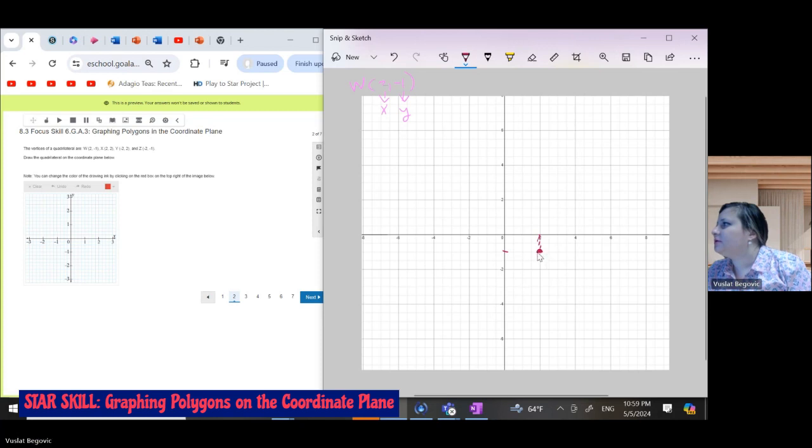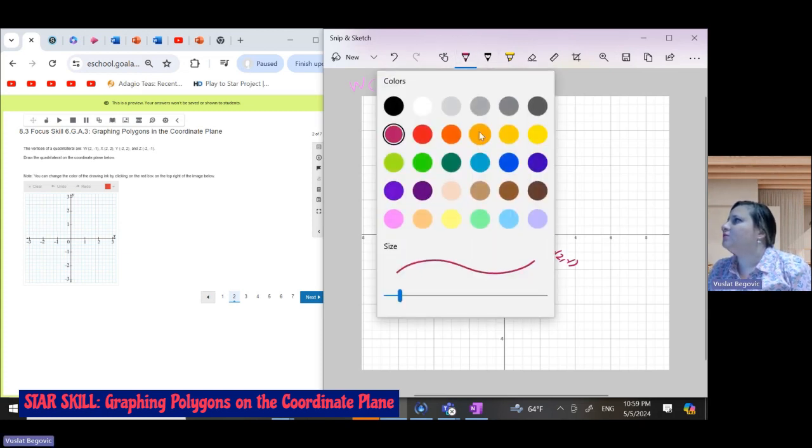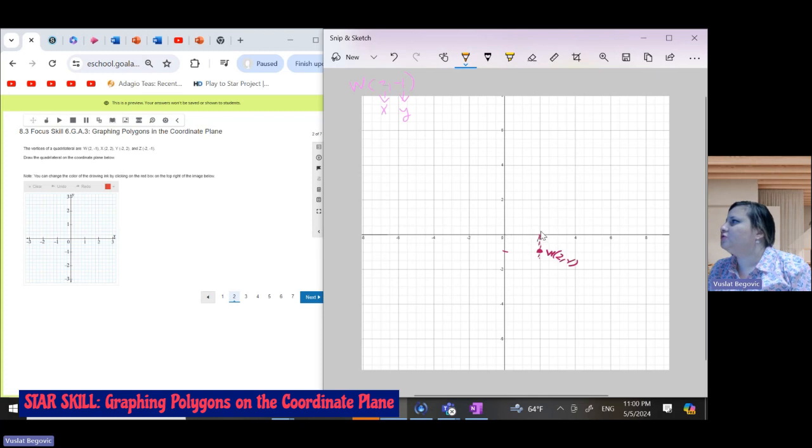Then I will write (2, -1) next to the point because coordinate names are important. Then I will have the next point, (2, 2). I will choose another color for this one.